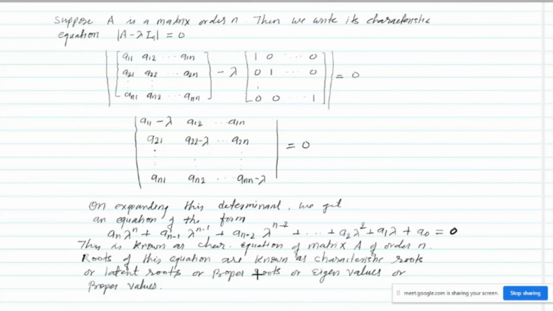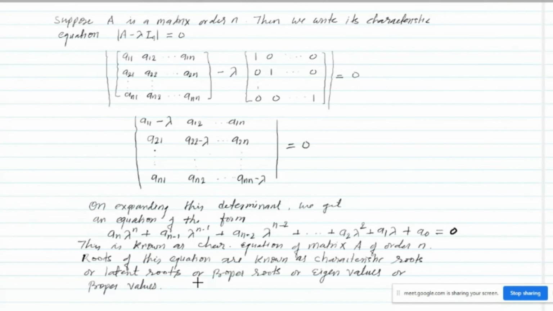Okay, so there are so many names for the roots of this characteristic equation. Either you can say characteristic value, or characteristic number, or latent root, or eigenvalues, or proper values. Okay, you must remember all these names.